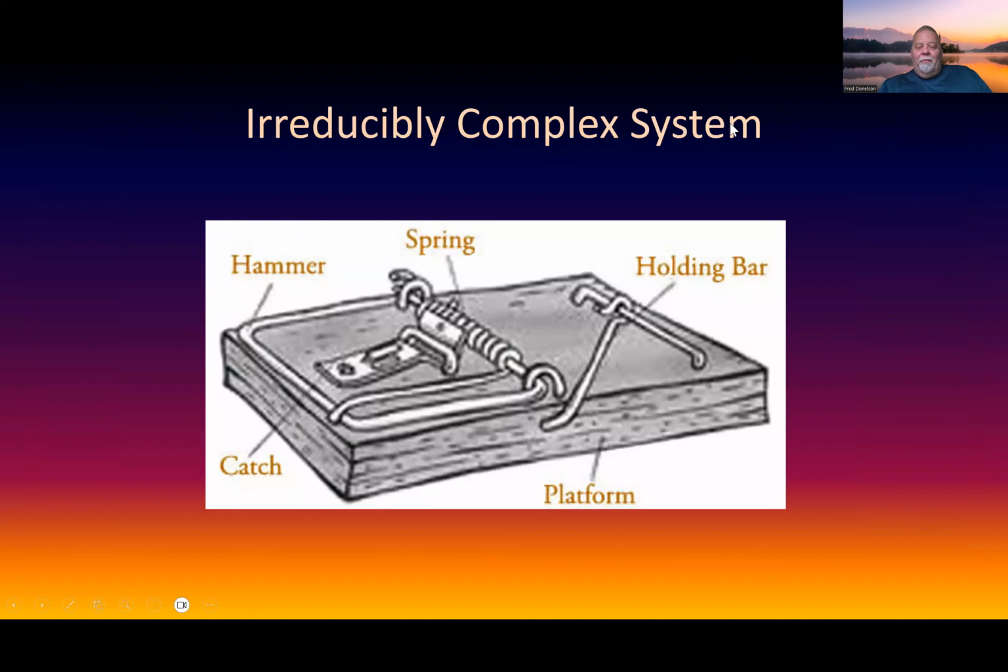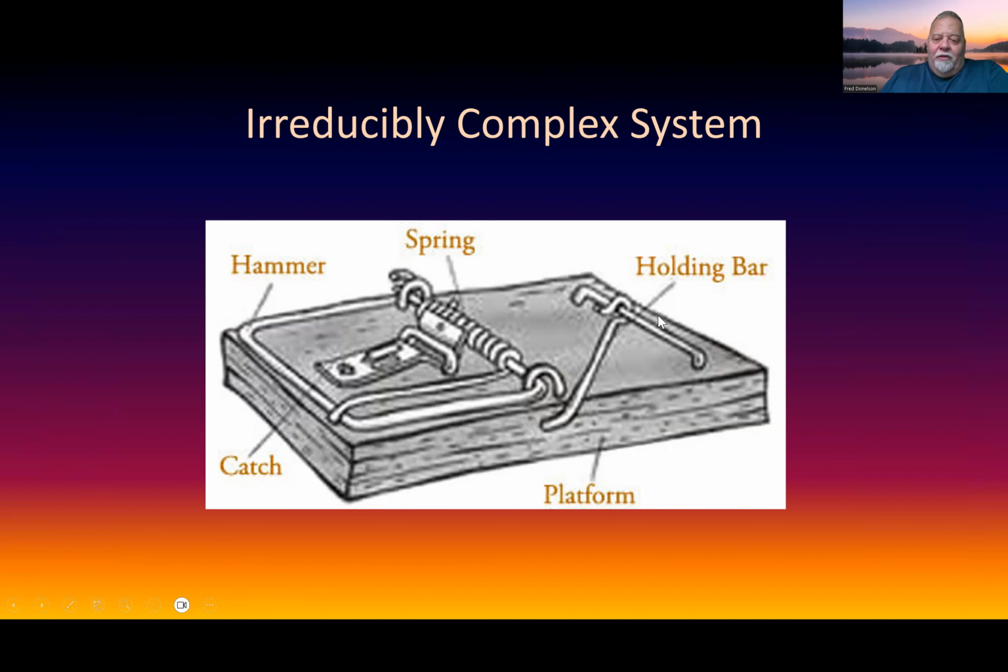An irreducibly complex system, if you remember, I mentioned this in a previous video, a mousetrap is a great example of this. You have to have all these different parts for a mousetrap. You have to have the platform, the holding bar, the catch mechanism, and a spring, and that spring has to be hooked up to the hammer, and it all has to be hooked onto this platform.